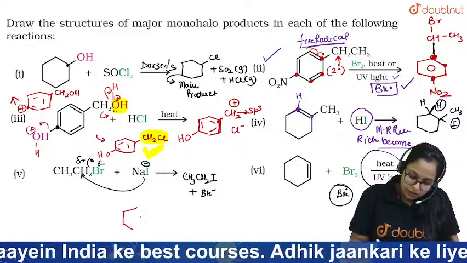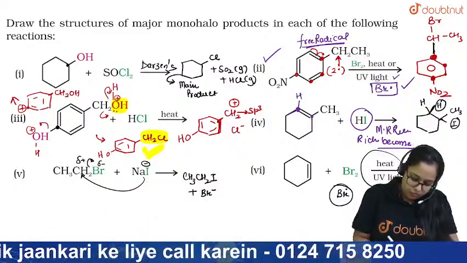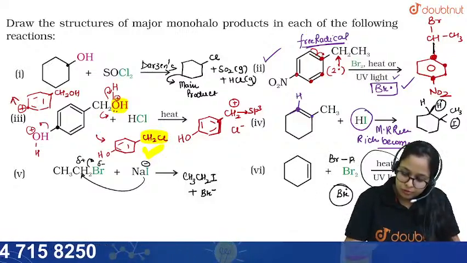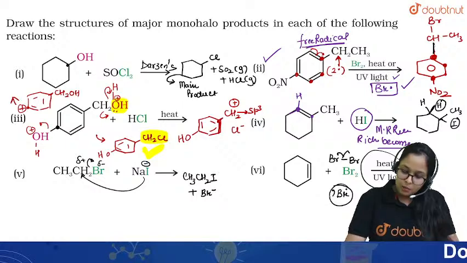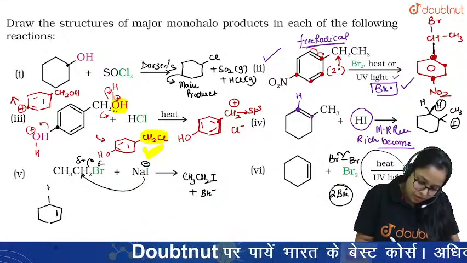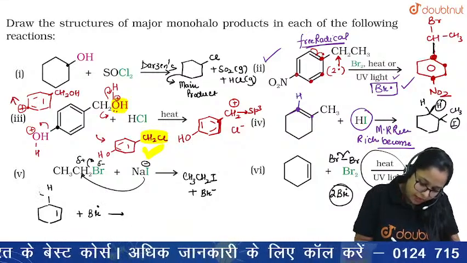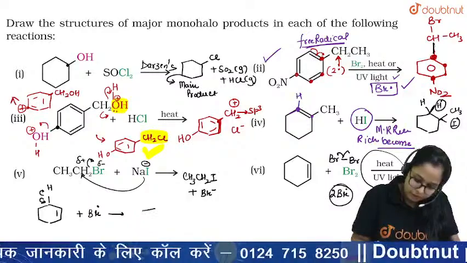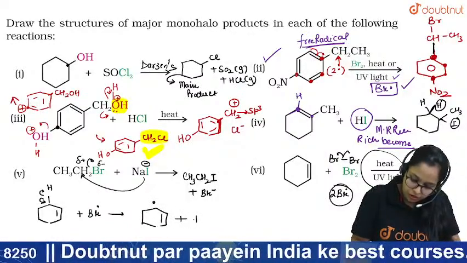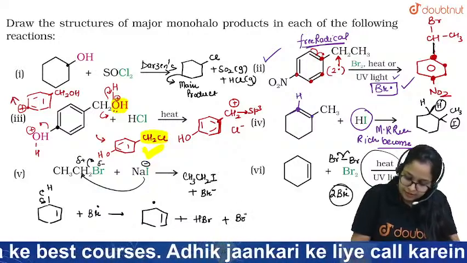So Br2 breaks down into two Br radicals. One of the Br radicals reacts with this substrate, and a new free radical is formed on the substrate, and HBr is released. One Br radical is still left.